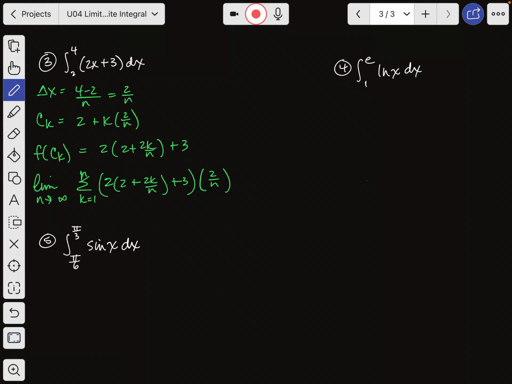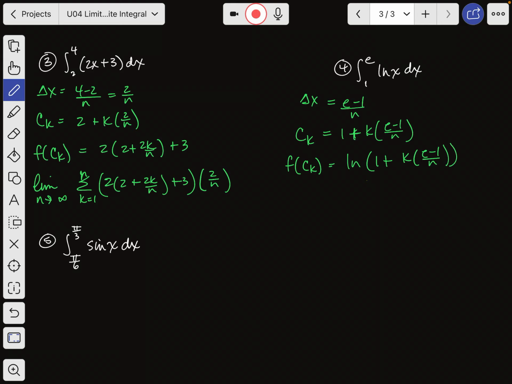In problem number 4, delta x is equal to our upper minus the lower limit over n. This can't be simplified, so we'll just leave it like that. C sub k is the lower limit plus k times delta x. F of c sub k is the function evaluated, so natural log of 1 plus k times (e minus 1) over n.